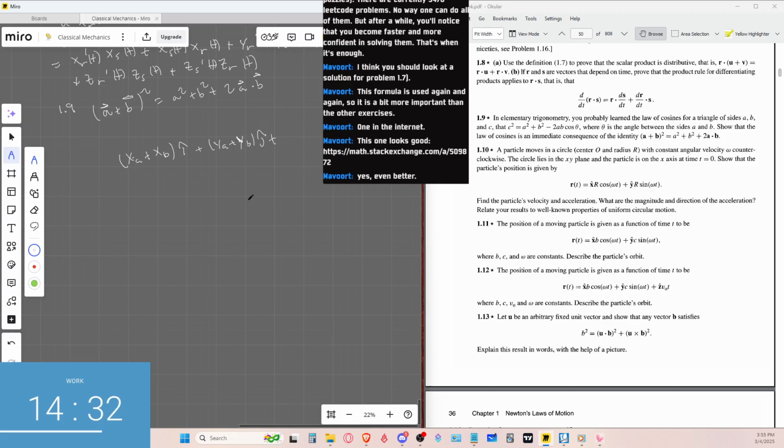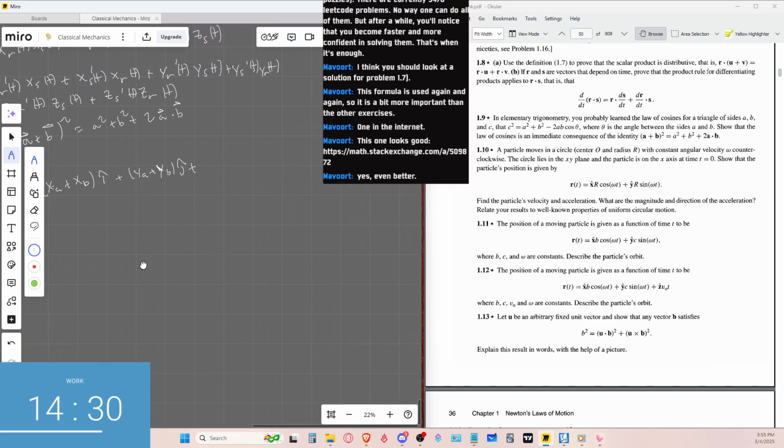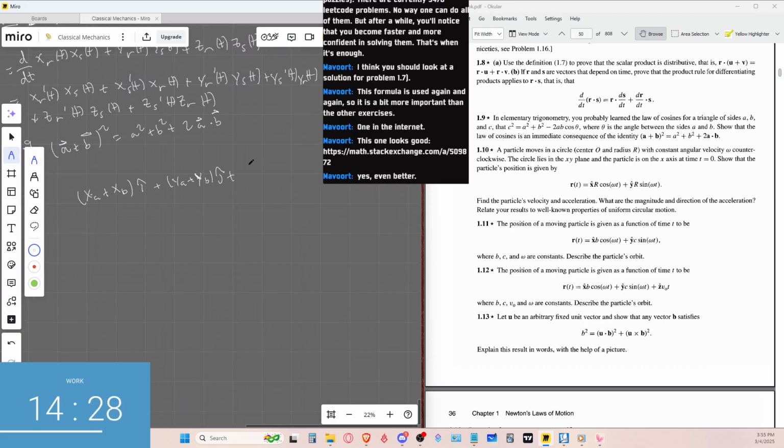Oh, you guys are not going to be able to see it eventually, so we'll just move it on this side. Okay, yeah, you guys can still see it. Cool. Then j, and that squared. This should be fun.